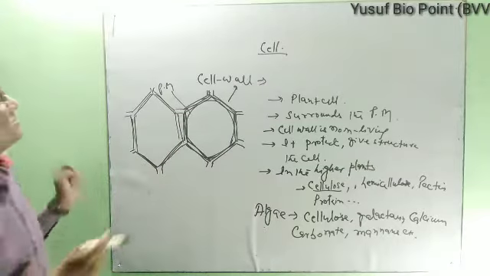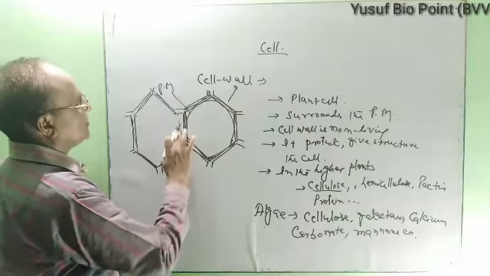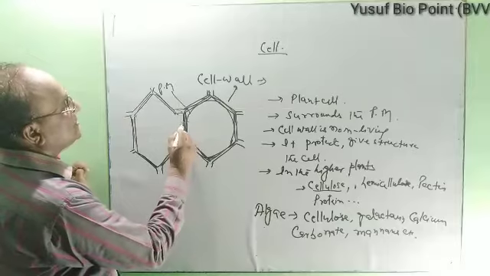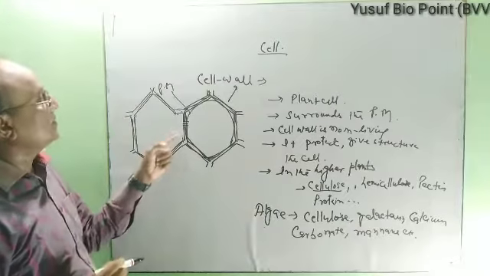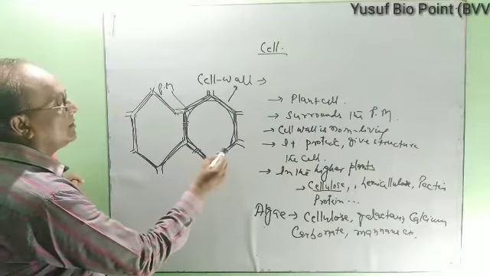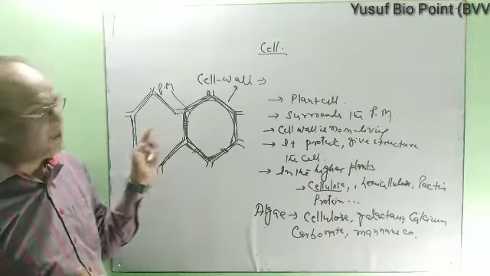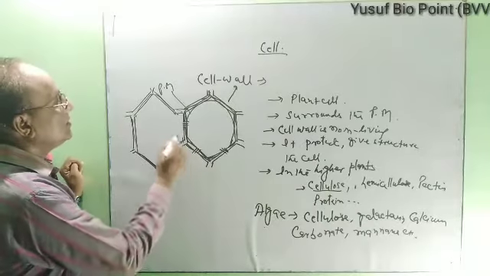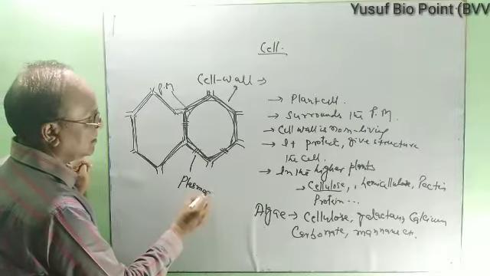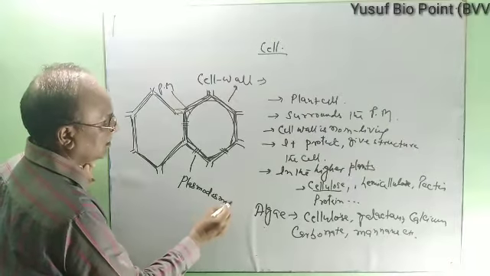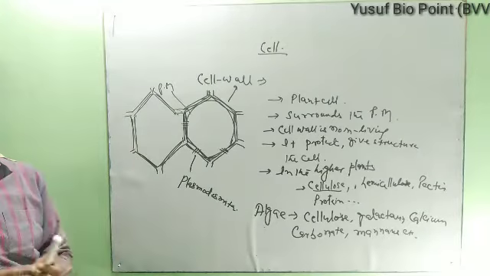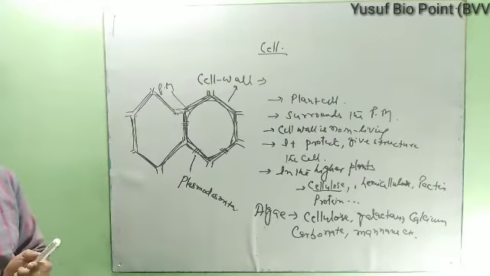Understand? And in between these, there is an intercellular connection for the interconnection of cytoplasm. These are called plasmodesmata, which interconnect the cytoplasm of two cells.